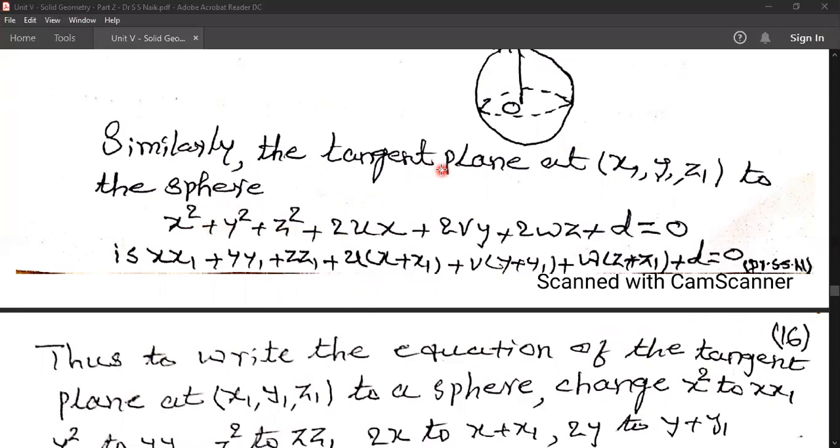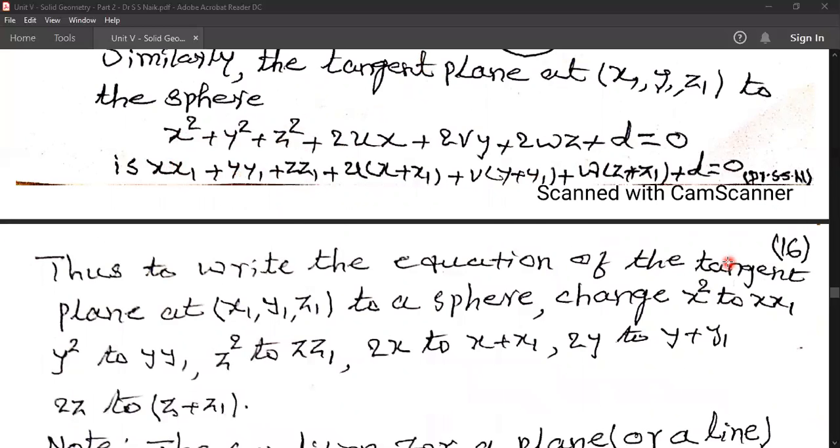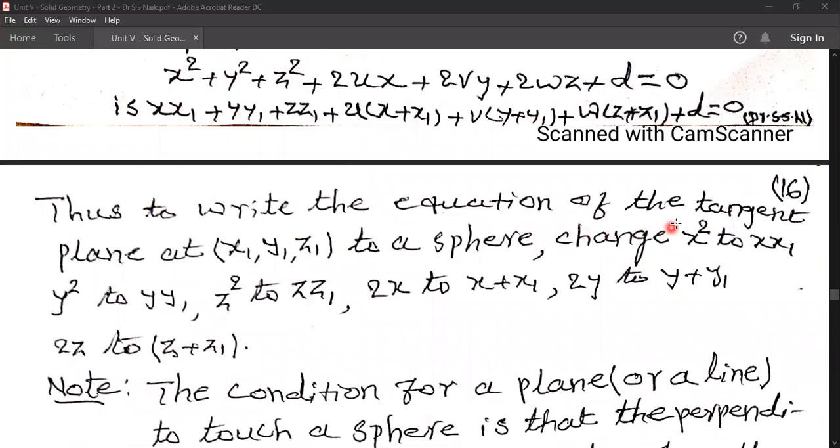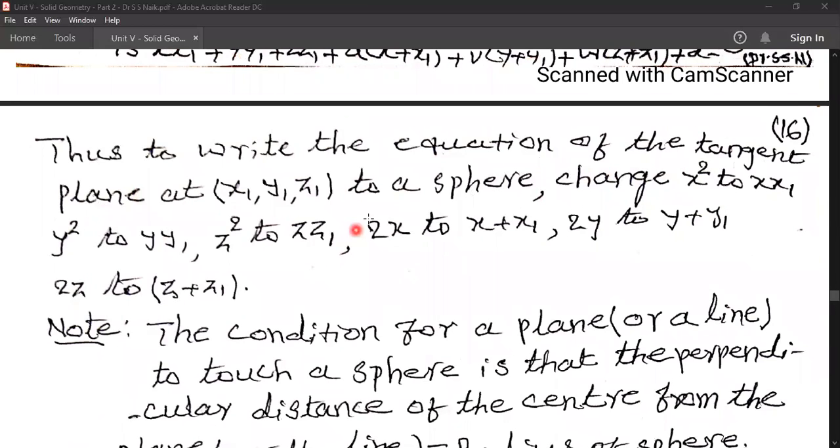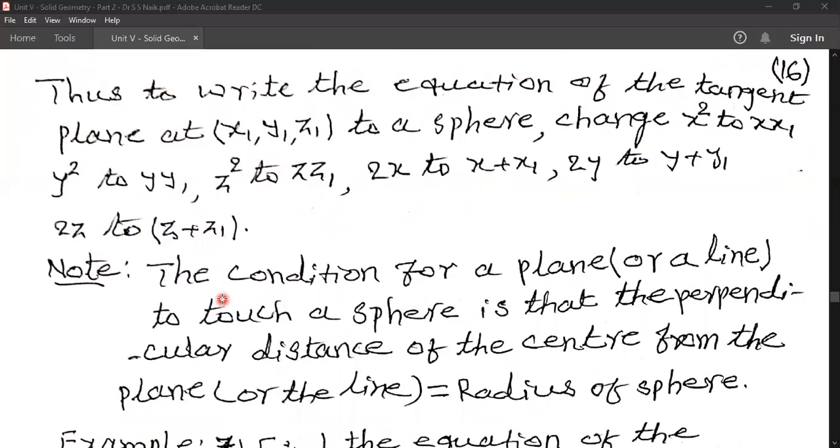Then the tangent plane, as in the last case, is given by x x1 plus y y1 plus z z1 plus u(x plus x1) plus v(y plus y1) plus w(z plus z1) plus d equal to 0. Thus, to write the equation of the tangent plane at (x1, y1, z1) to a sphere, change x square to x x1, y square to y y1, z square to z z1, 2x to x plus x1, 2y to y plus y1, and 2z to z plus z1.